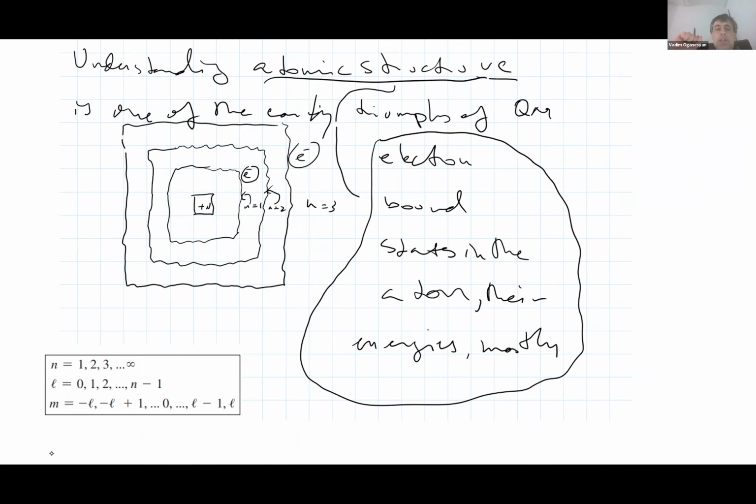Okay, so the big driver for developing what I'm hopefully going to discuss the rest of the class was understanding the atomic structure of matter, like hydrogen, right?